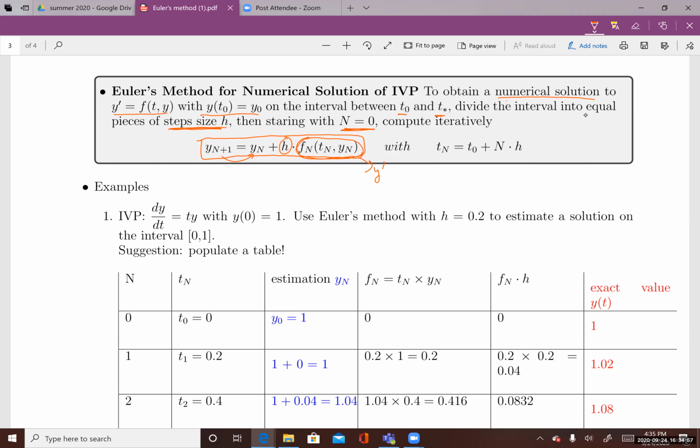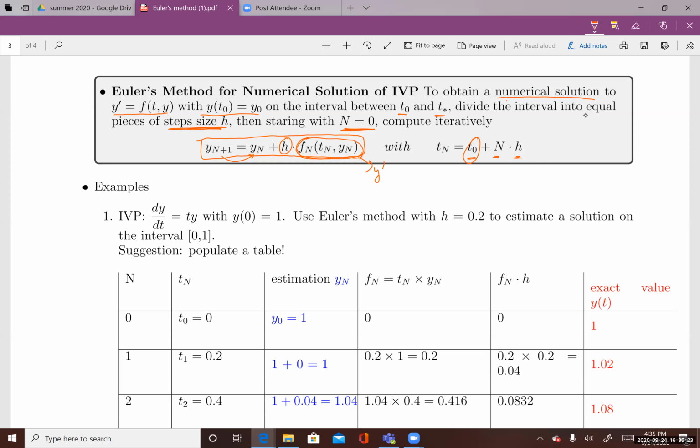And t sub n equals t0 plus big N times h. Again, h is the step size, or the step width, that we mentioned before. N is the number of intervals, the number of steps that you want to take in order to estimate a value.